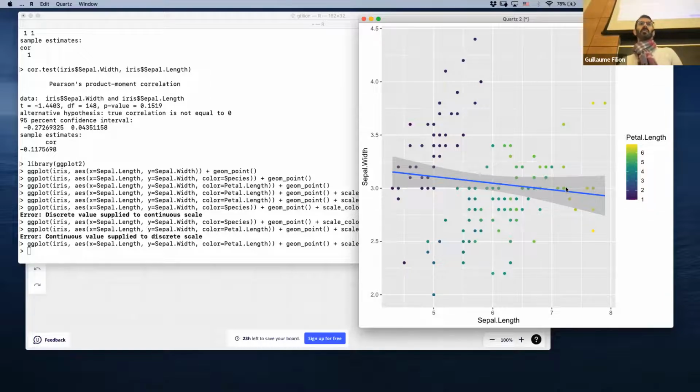And you can see that this confidence region is wider at the extremes than in the middle. So we know a little bit better where the center of the line is, but at the extremes there's more wiggle room. The uncertainty on the extremes is always bigger.